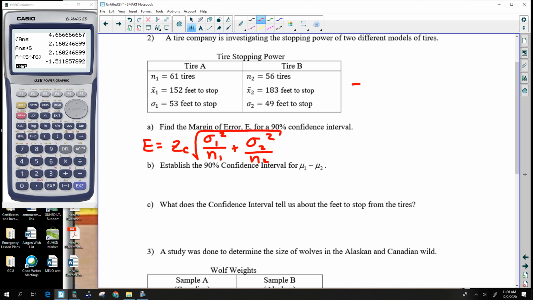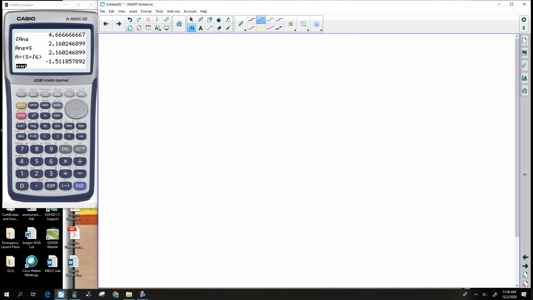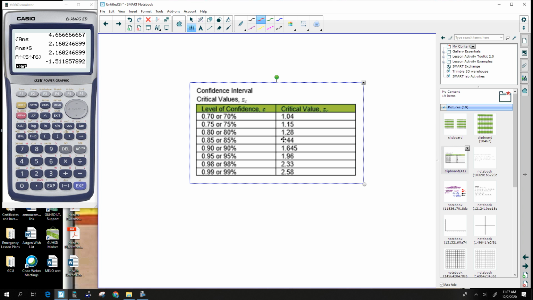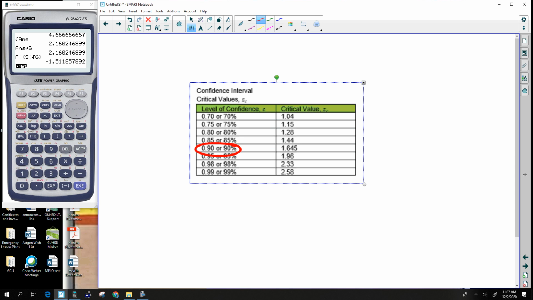The only thing that I need to make this operate is the ZC, which only requires the confidence. We have a confidence of 90%. I look at that Z table, and there's that little box on the bottom that lets you know what the ZC is. So with a confidence of 90%, the ZC is 1.645.